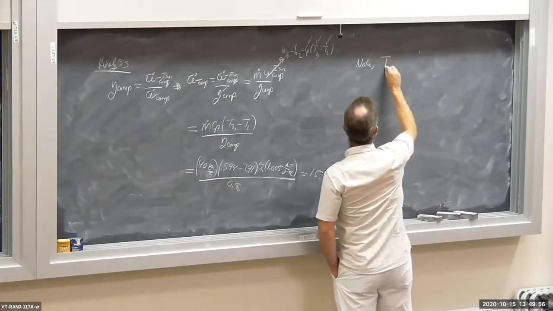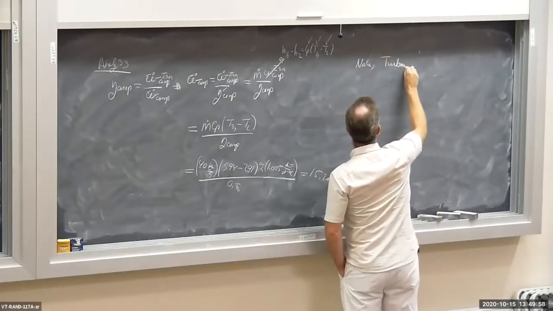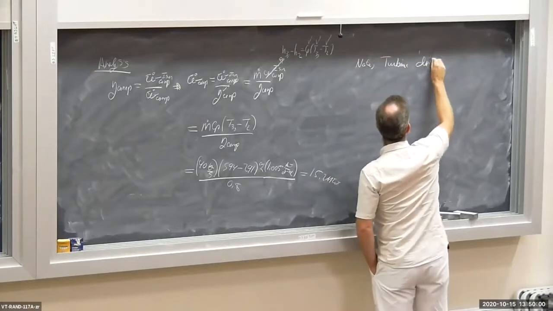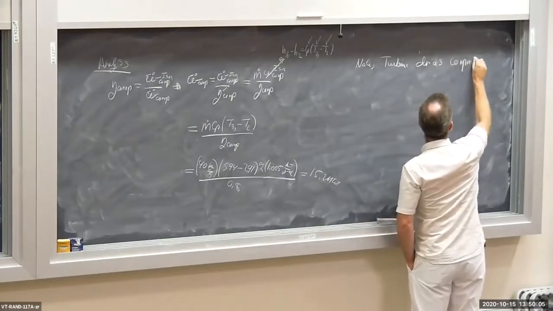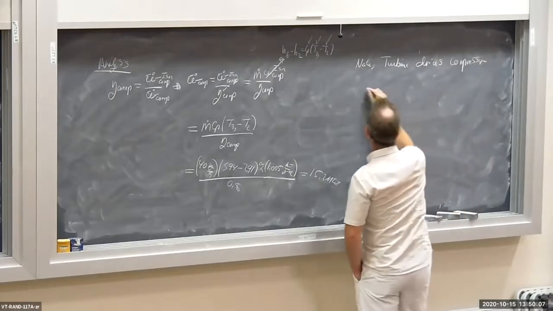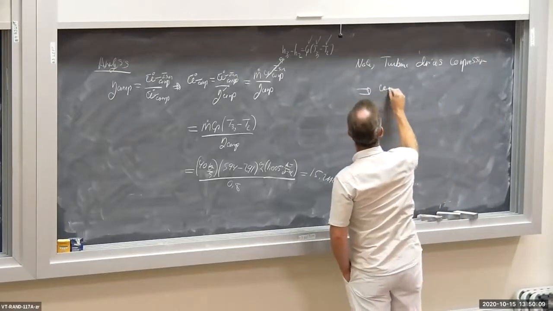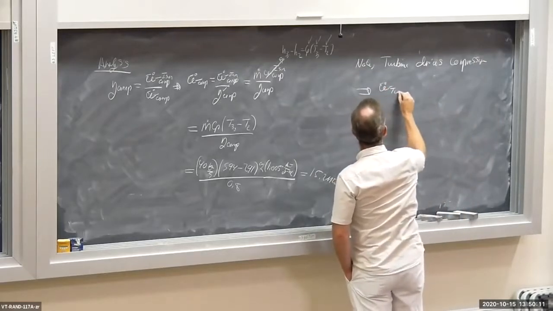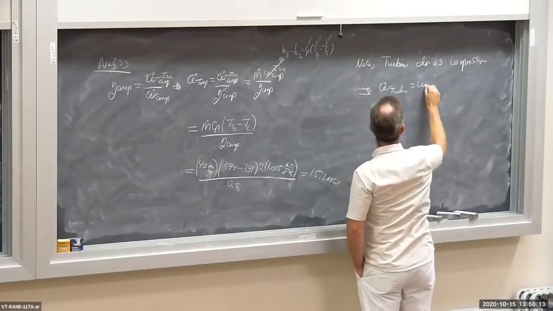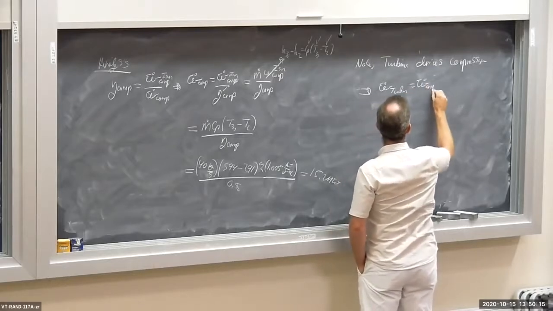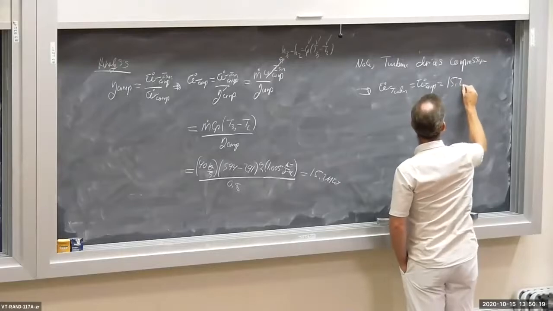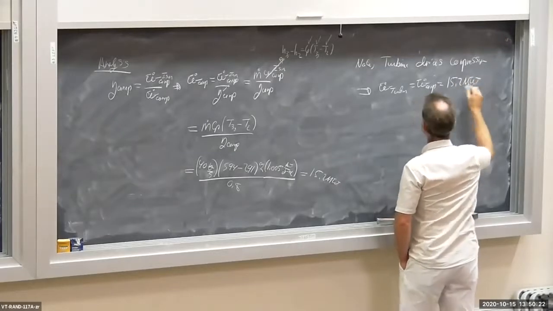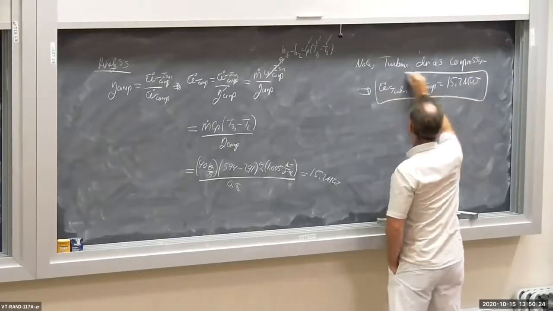Note, turbine drives compressor. So W dot turbine equals W dot compressor, which is 15.2 megawatts.